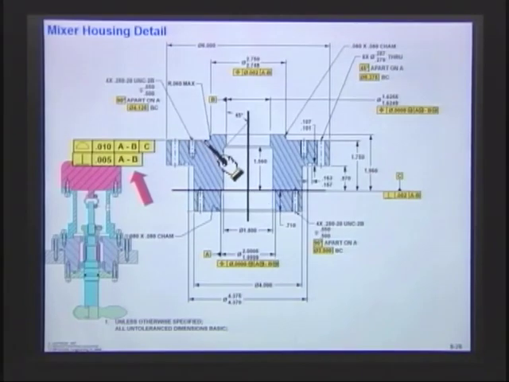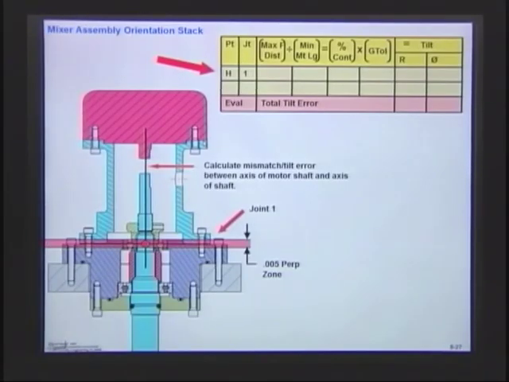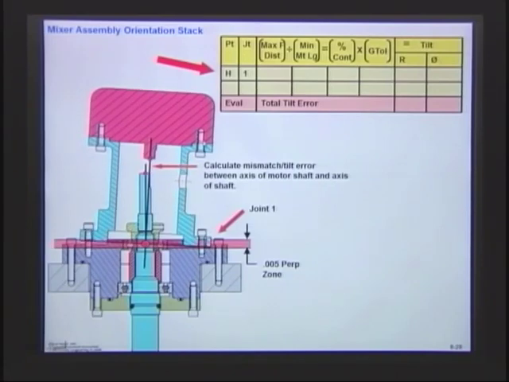So if that's allowed to tilt, take a look back at our detail over here. Watch what can happen. You see our tolerance down here? If this is your 5,000th perpendicularity, and I greatly exaggerated that, you see that if we're mounting on that face, see this length over here? See that distance and the height of how far this is? So how much can it tilt? Well, this is where the tip of the shaft is.